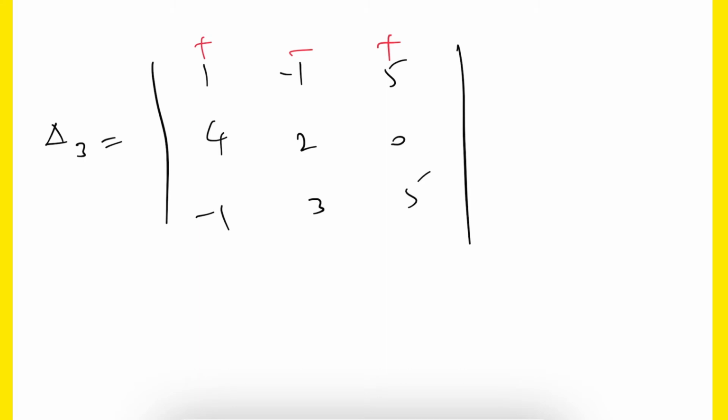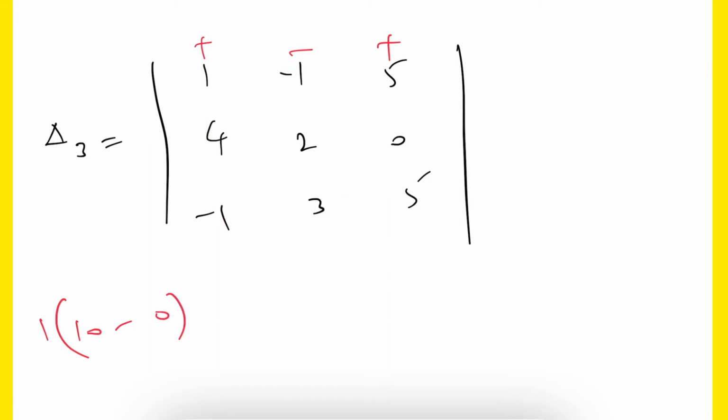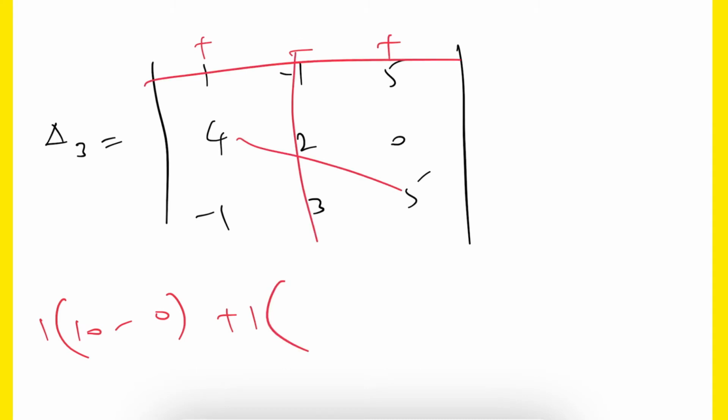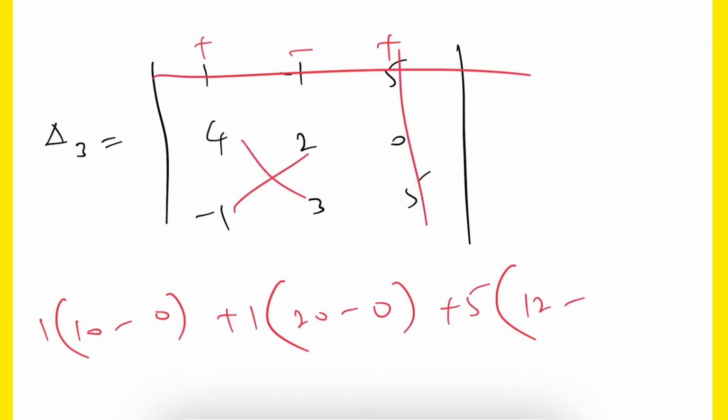Now let us find out the determinant. 1 into, if you remove this, 2 5s are 10, minus 3 0 0. Next minus into minus 1 plus 1 into, if we remove that row as well as column, 4 5s are 20 minus 1 into 0 0, then last plus 5 into 4 3s are 12 minus 1 into 2 minus 2, already minus is there, then it will become plus 2.